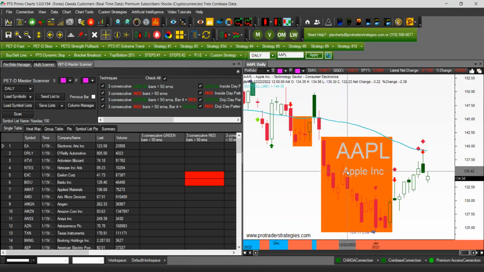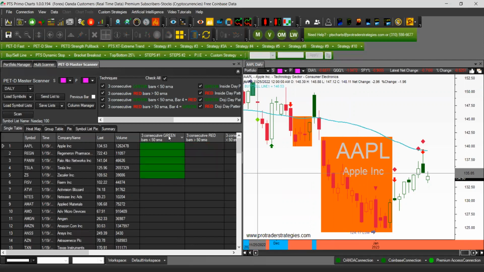So as I mentioned before, the PETD is an early trend detector. Let's go with Apple. What it's saying here is that it's filtering out the symbols of the NASDAQ 100 that have 3 consecutive green bars below the 50-day moving average. So this is what it's showing.